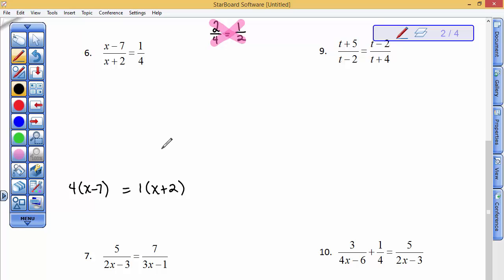However, I'd like to remind you that the LCD for this problem is 4 and the x plus 2, because none of these can be factored. The x plus 2 is a binomial, I can't factor it, so I have to include both of those.